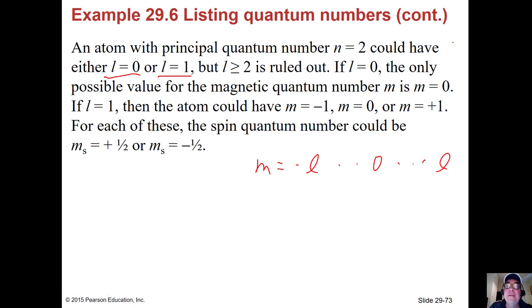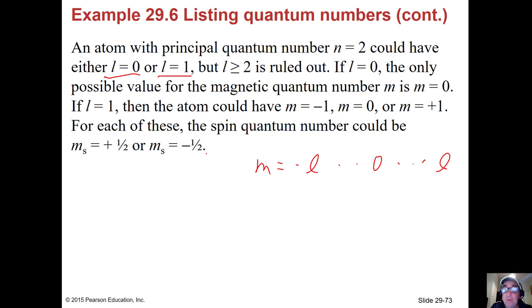Again, if l is 0, the only thing that m could be is 0. On the other hand, if l is 1, then m can be 1, 0, or negative 1. So there are 3 different values for m there. And then for each of these states, we could have a spin up or spin down, so m sub s is equal to plus a half, or m sub s is equal to minus a half.